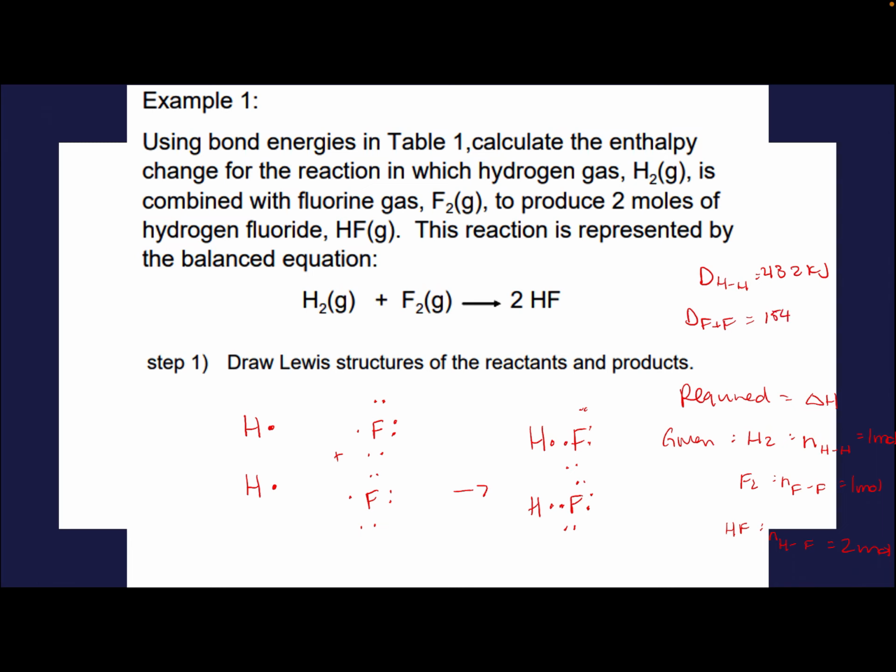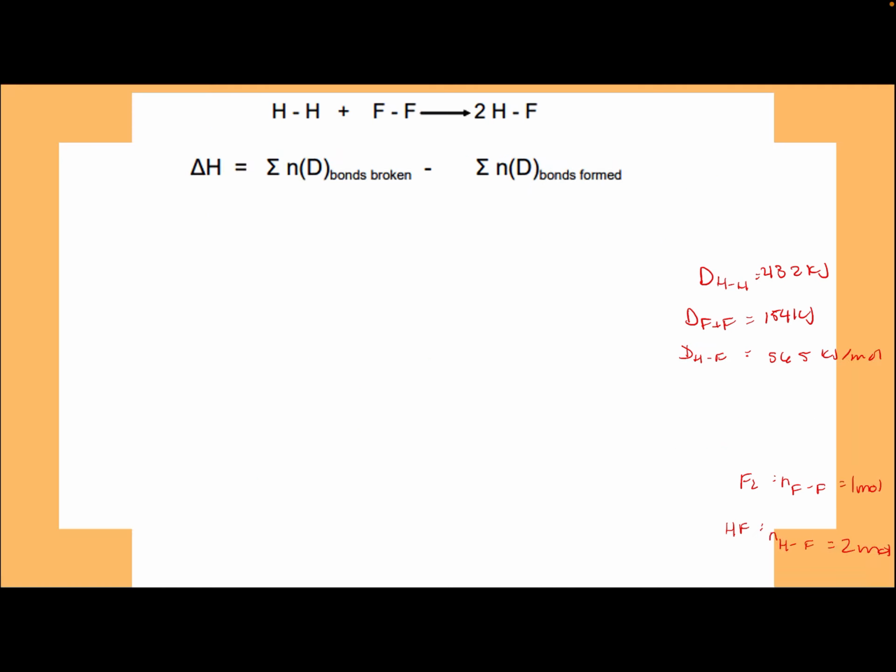It is 154. And then H–F is 565 kilojoules per mole. And this is all kilojoules per mole, by the way.